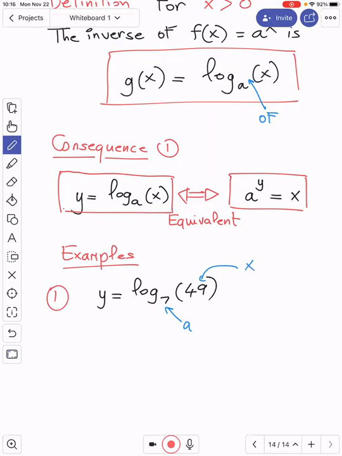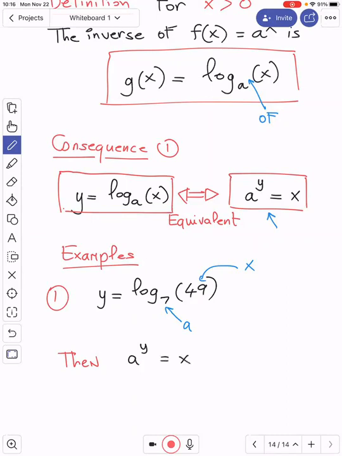Then, because of the first consequence, as you can see here, a to the power y would be equal to x.